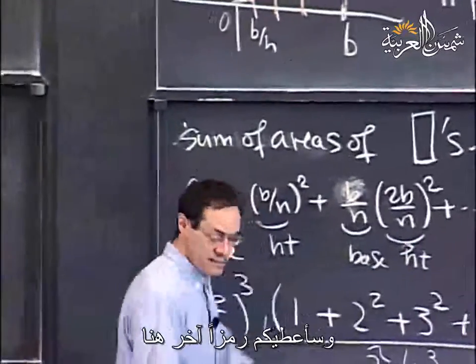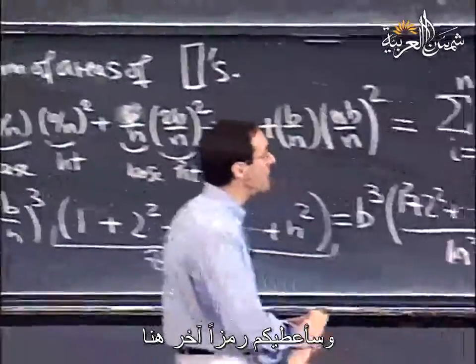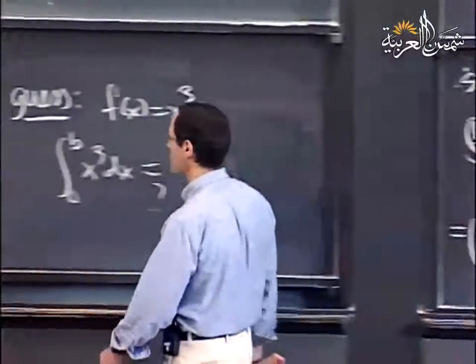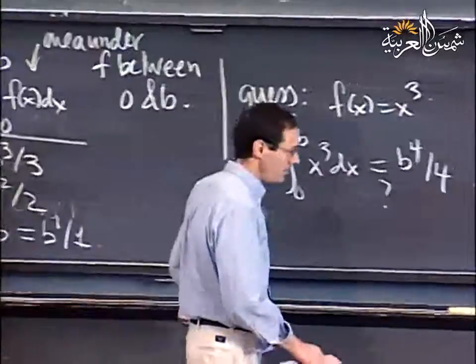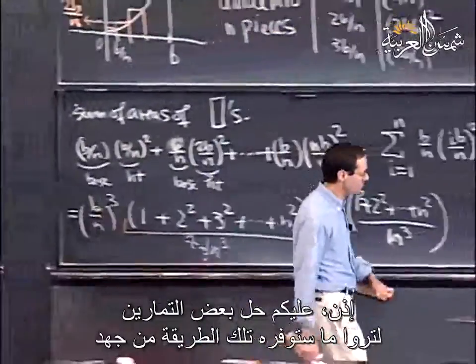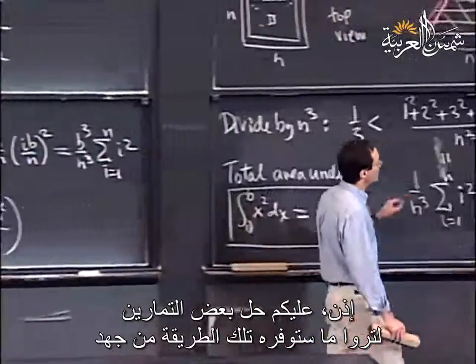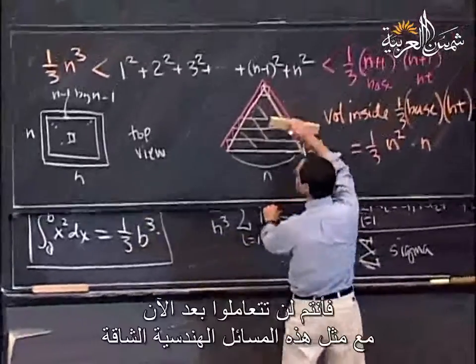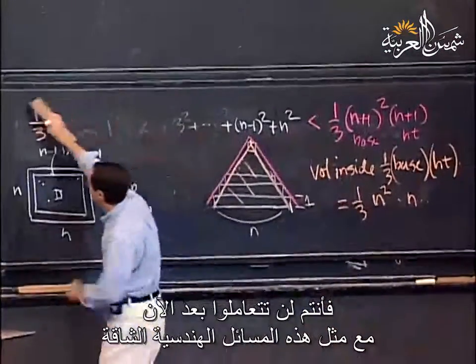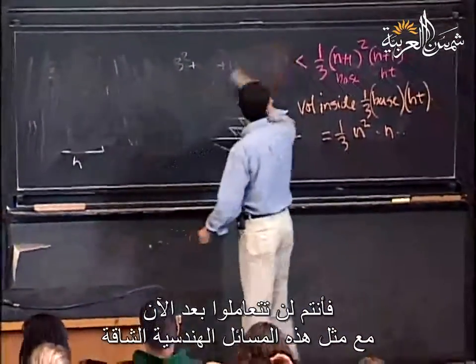And I'll just tell you one more piece of notation here. All right? So you need to have a little practice just to recognize how much savings we're going to make. But never again will you have to face elaborate geometric arguments like this.